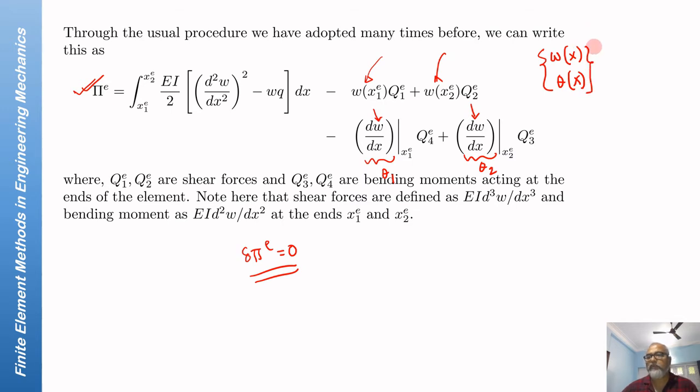These are the degrees of freedom, and we should have the N matrix connecting it to the nodal displacements, which are W1, theta 1, W2, theta 2. These are the nodal degrees of freedom, and N has to connect it to the vertical displacement and the rotation at any point in the element.